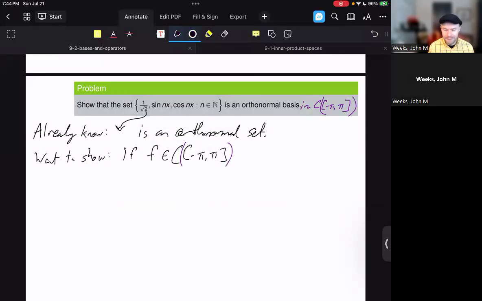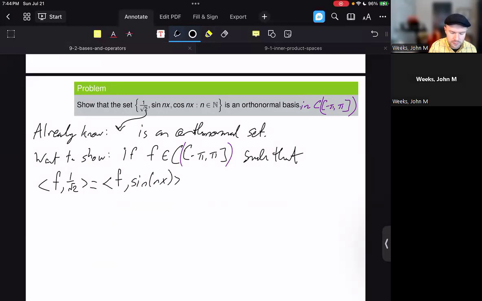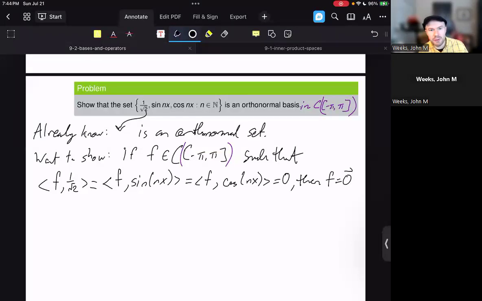that if you have a function f that is inside of this space of continuous functions such that the inner product of that function f with each of the elements inside of this orthonormal basis is equal to 0, then we would need to conclude that f is actually the 0 vector, that f is the 0 function.